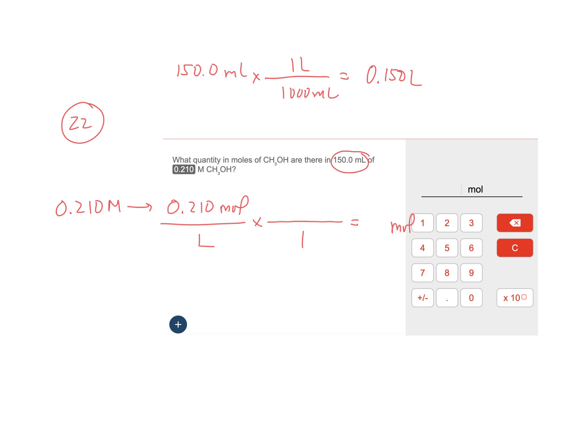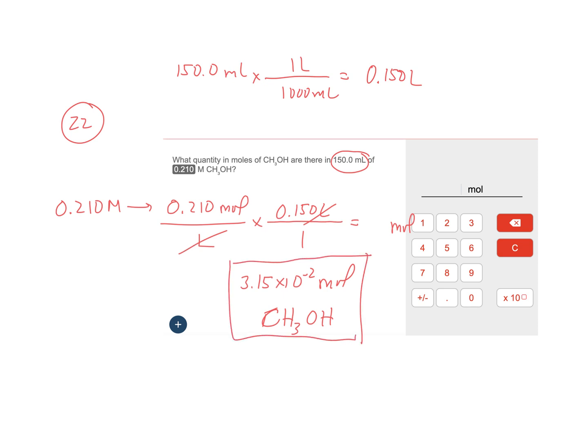So I'm just going to simply multiply by 0.150 liters. Liters cancels out, and I should be left with number of moles. I'm left with approximately 3.15 times 10 to the minus 2 moles of methanol.